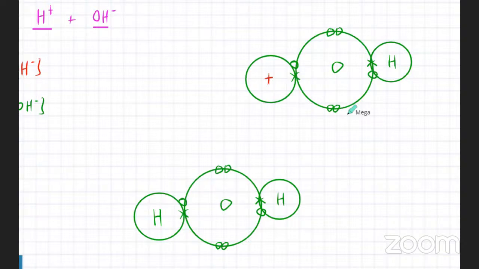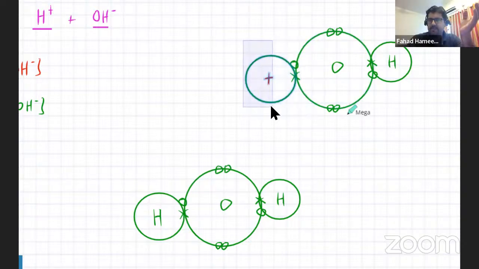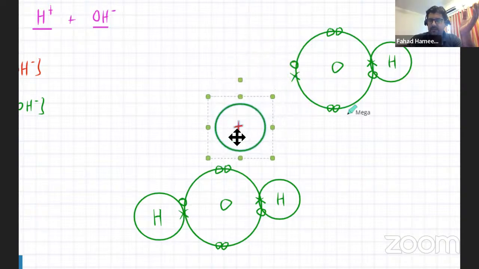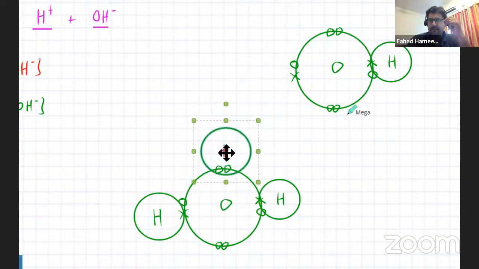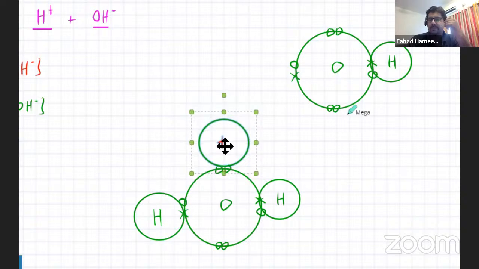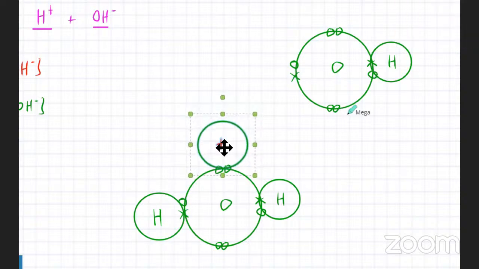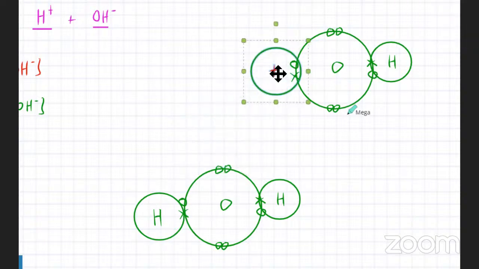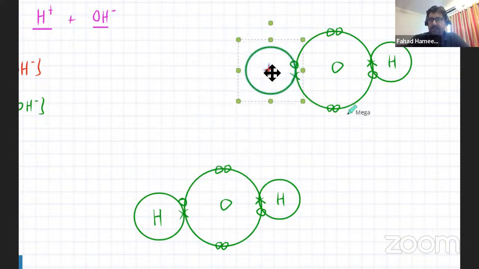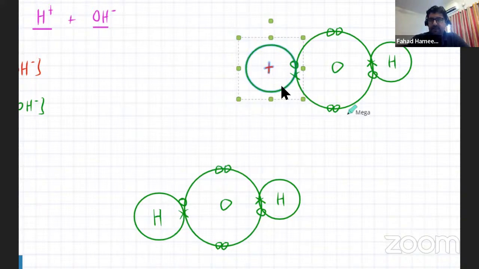So there's a possibility that when they collide, this hydrogen proton might get attracted to these electrons over here. Is that clear? Or it might get pulled by these electrons over here. Is this idea clear? So basically, the reason this hydrogen nucleus was attracted to the shared electrons was because it was positively charged, right?